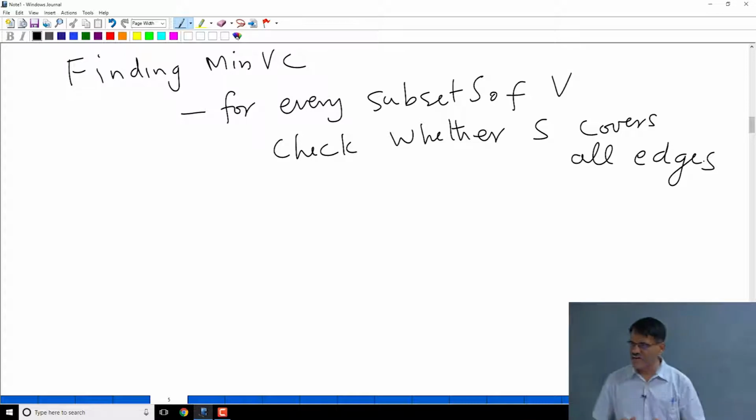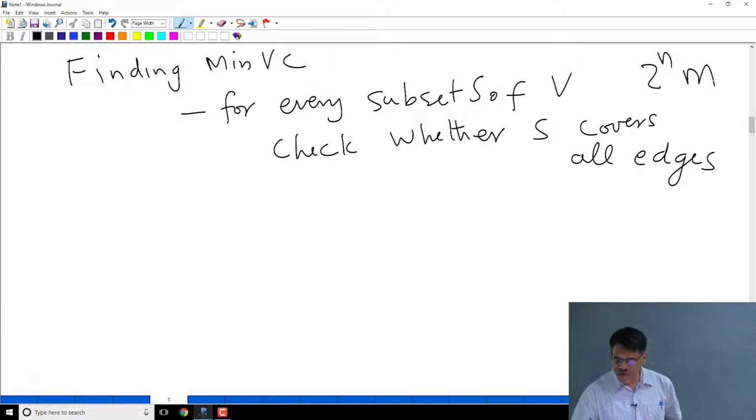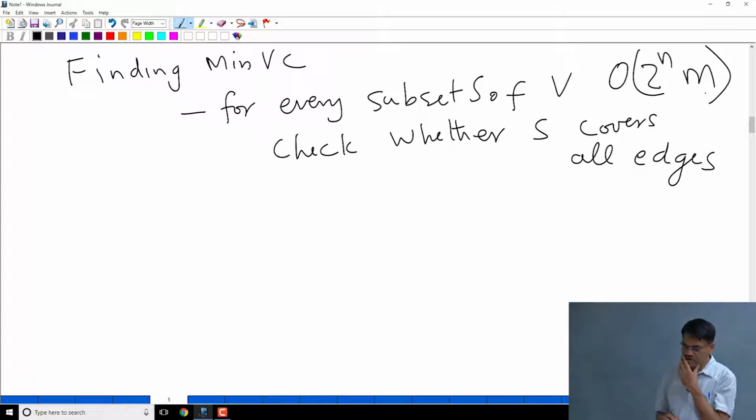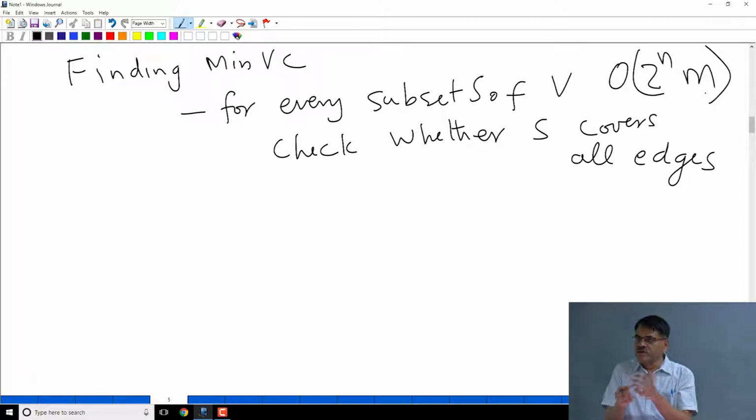So what would be the running time of this whole algorithm? For that particular step, it is O(m), where m is the number of edges, and for the first step you run it over all possible subsets. So it's 2^n times m. Then you pick the one which is the minimum size which covers all edges, and that's your minimum vertex cover.